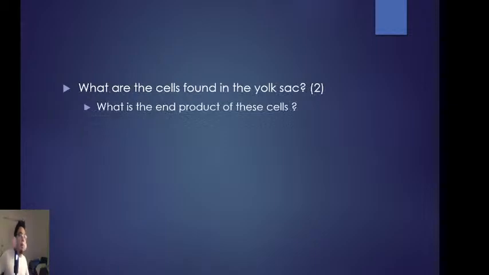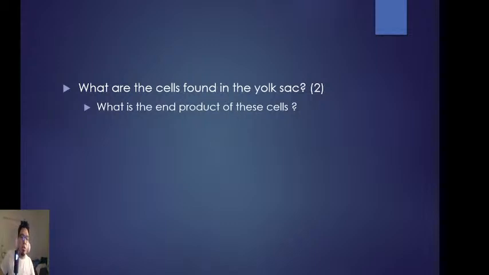So what cells are found in the yolk sac? Of course, there are several cells that you're going to find in the yolk sac. Fetal RBCs are one of them, or what you call the primitive erythroblasts, and of course, your angioblasts. So why is it important in the discussion?